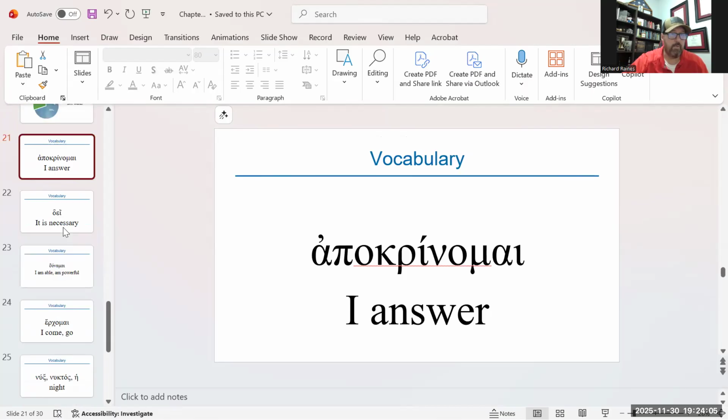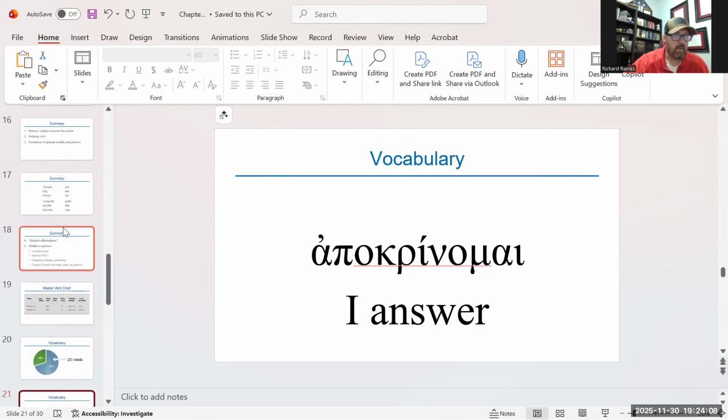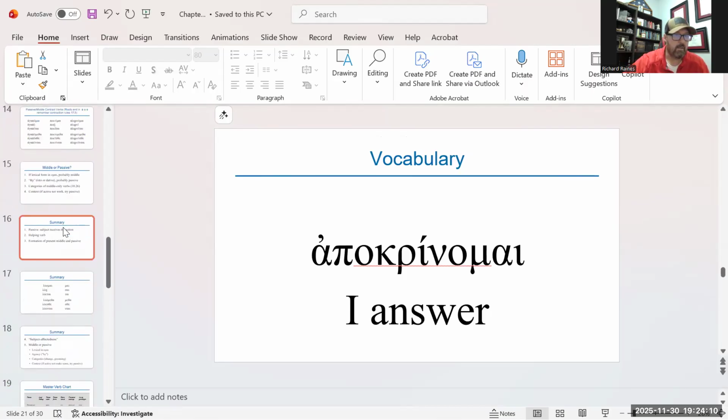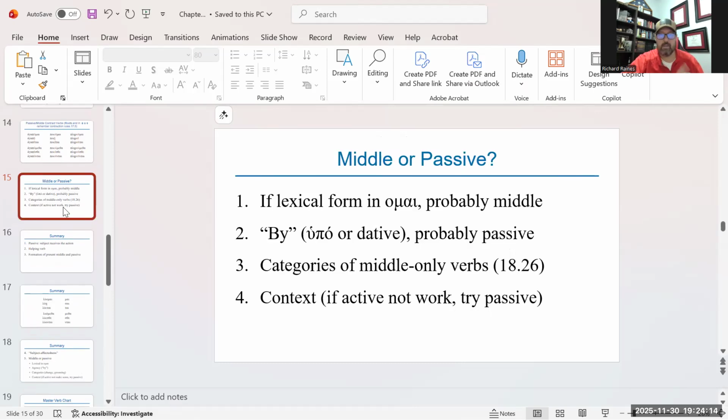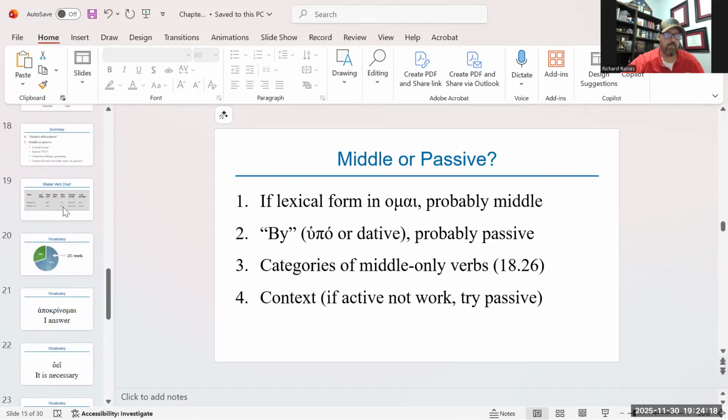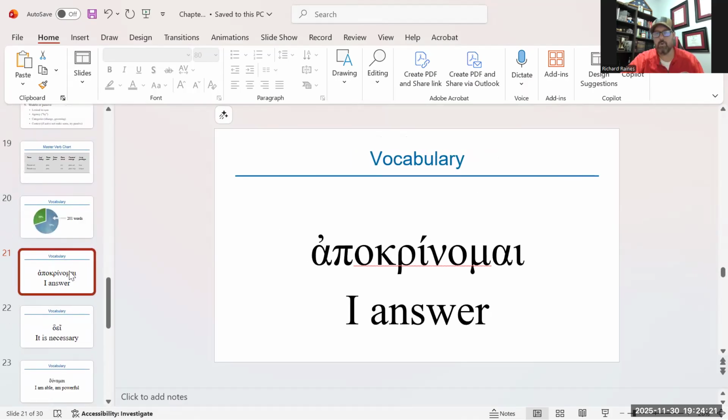But if you remember this slide, right here, if the lexical form is -omai, it's probably middle. So the first vocabulary word that you are learning in this chapter is apokrinomai, I answer.